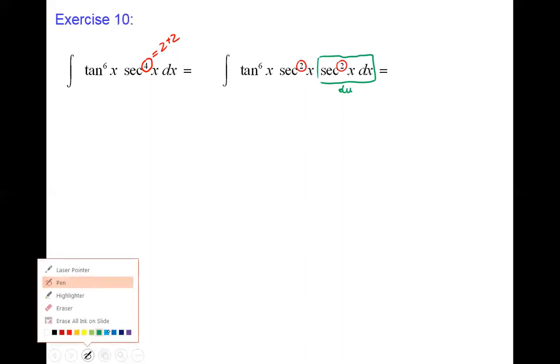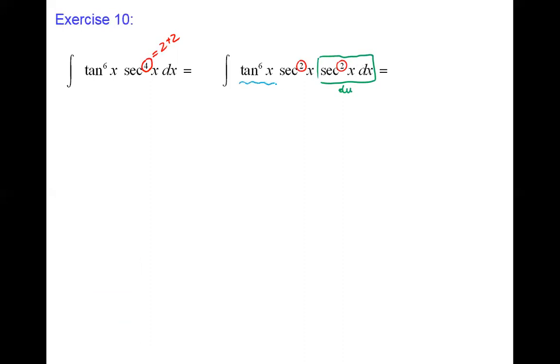But the rest of the integrand must be rewritten in terms of tangent, because I will let u be tangent. That means tangent to the power of 6 can stay, no problem, but secant squared of x equals tangent squared of x plus 1. And now we're ready, because we do have this part in terms of tangent. Great, and this I'm saving for my du.